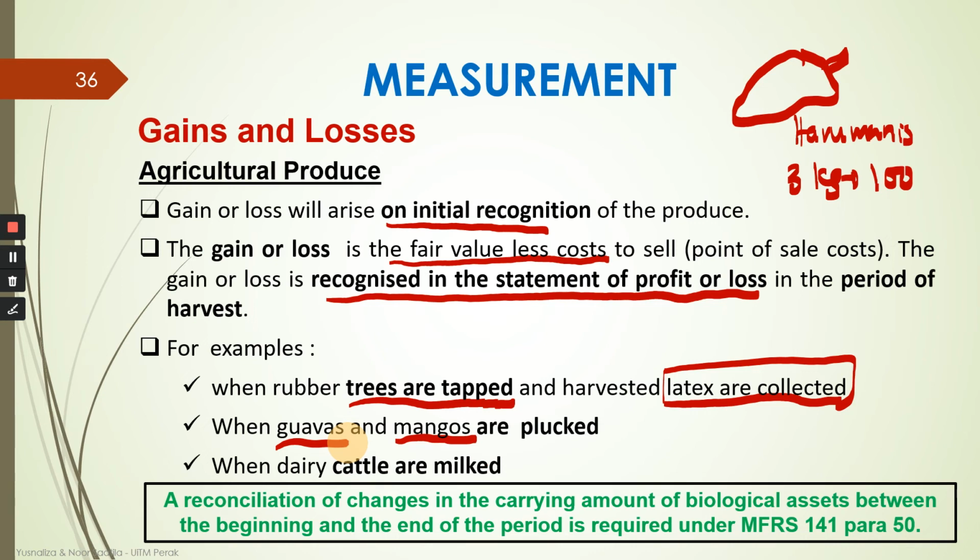When dairy cattle are milked, we're not talking about a cow that gives birth to another calf. We are talking about the milk that comes from the dairy cattle. That milk itself has a price, and therefore there is also a gain on that initial recognition of the agricultural produce, right?